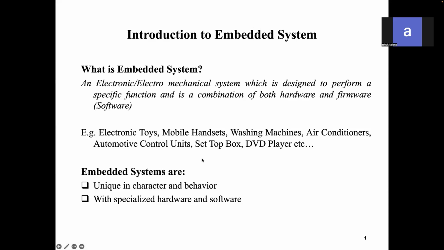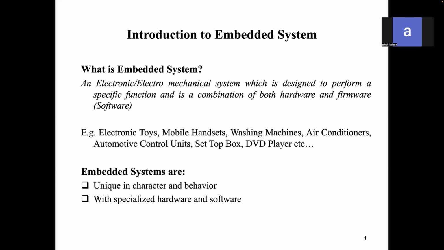It can be anything which performs a specific task, and that system should contain both hardware and software. So embedded systems are unique in character and behavior. The purpose is to design the system for a specific task, with specialized, customized hardware and software, to work only for a particular application.